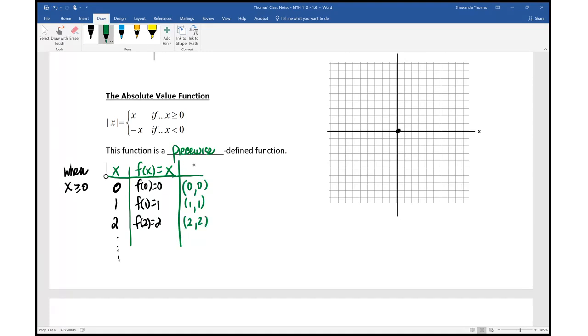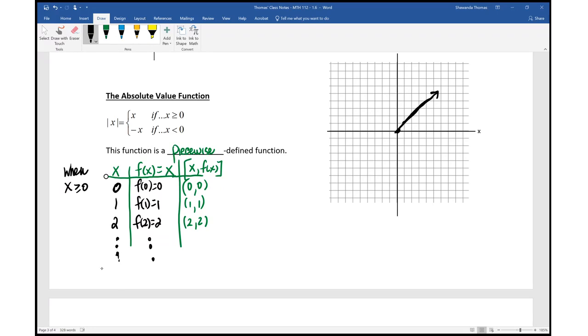Essentially this first piece is the identity function, right? So as you can see, this side is going in this direction, continuously going. We just stopped at 2, but it's continuously going and increasing.